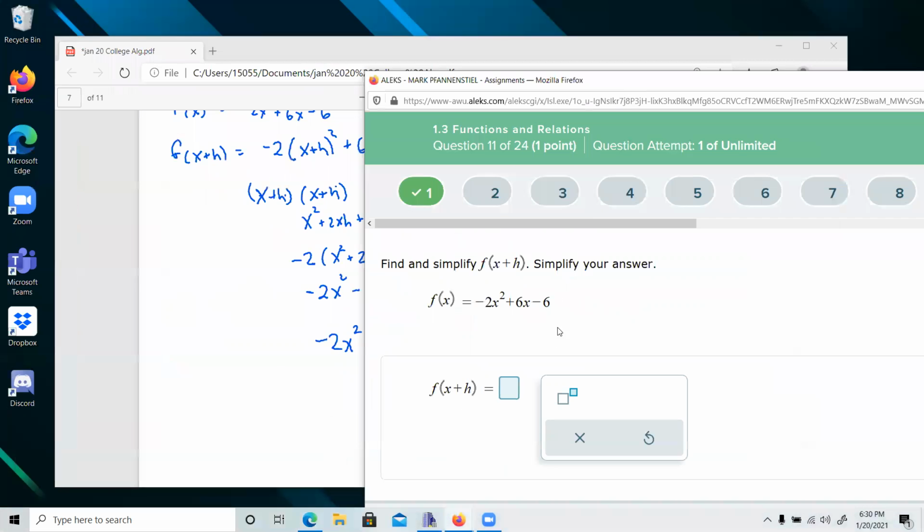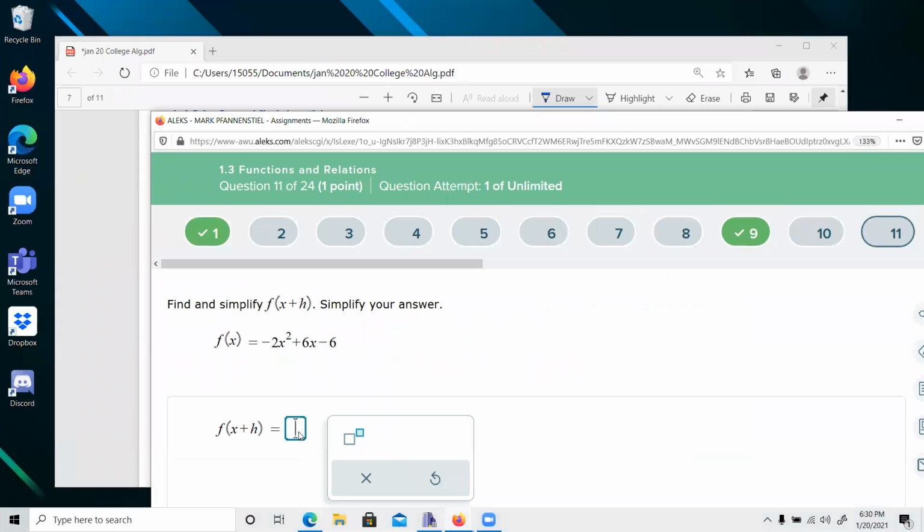So we can go through and plug this in. There's nothing to combine here, right? We're just kind of stuck staring at this mess. And then let's say, boy, that looks delightful. Yeah, I'm afraid so. So we have negative 2x squared, minus 4xh, minus 2h squared.